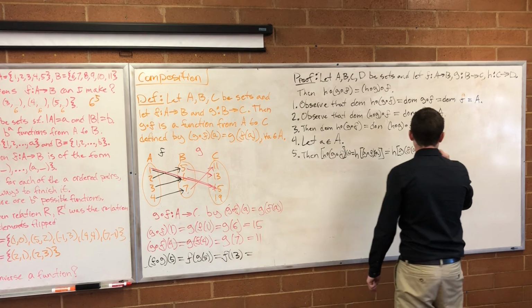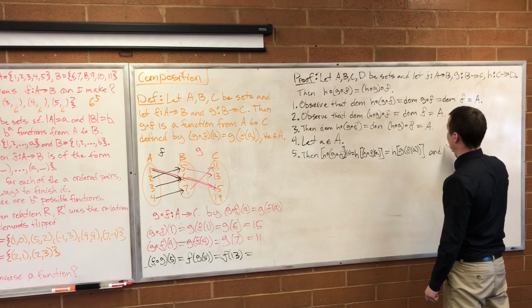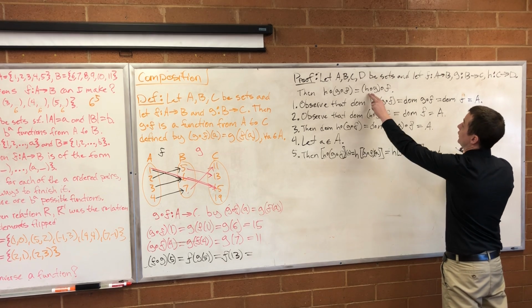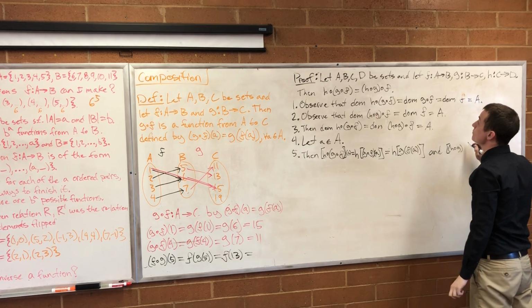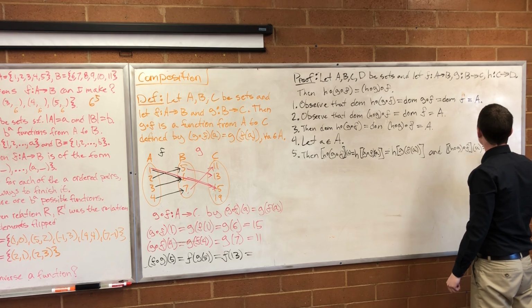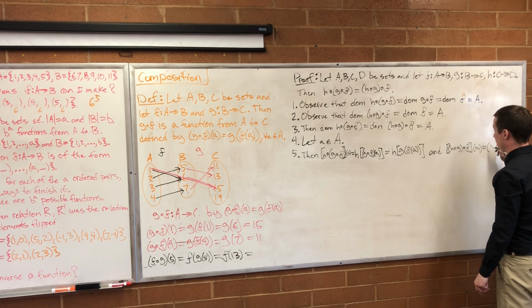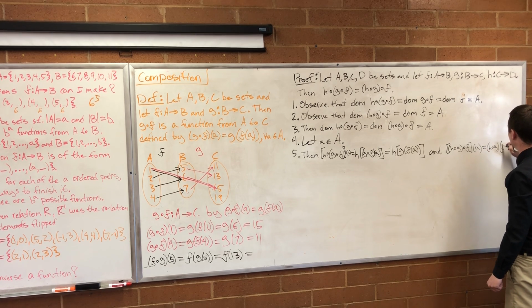Then that's equal to that, and now let's look at what the other one gives us. h composed with g composed with f of a is equal to h composed with g of f of a.